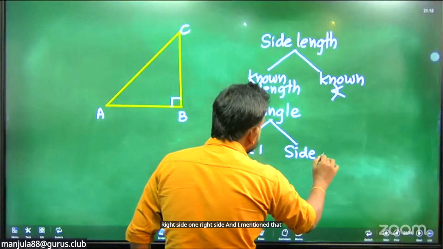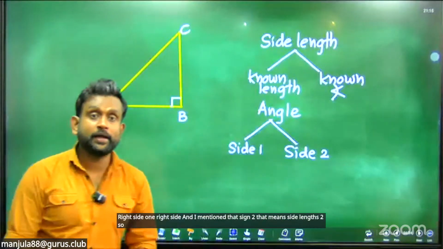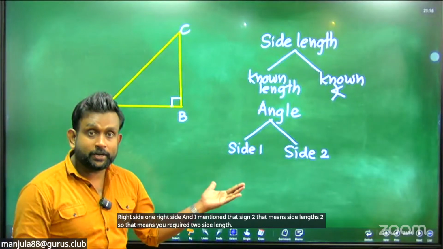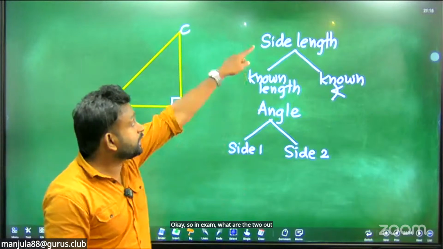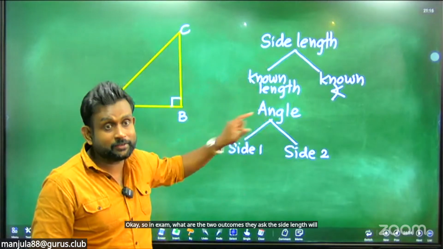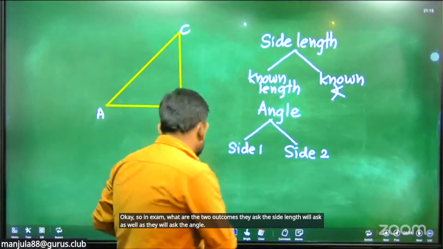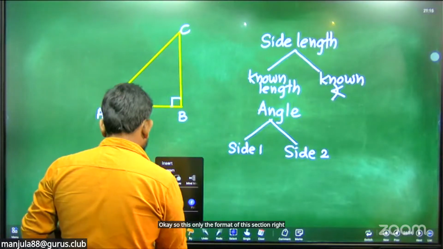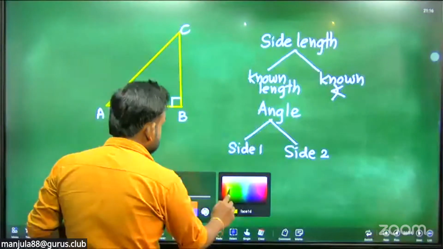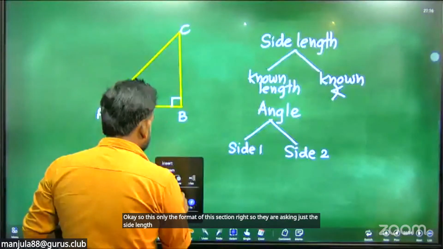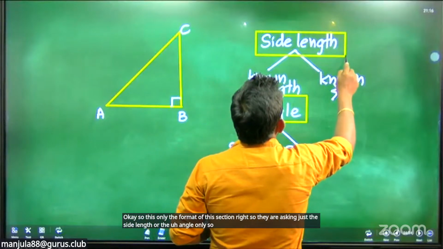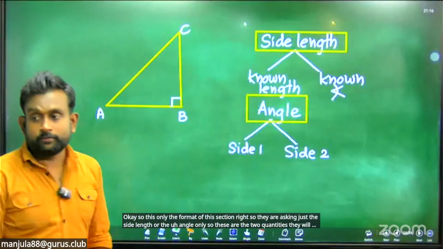So in the exam, what are the two outcomes they ask? They will ask the side length, as well as the angle. So this is the format of this question, right? So they are asking just the side length or the angle only. These are the two quantities they will ask, right?